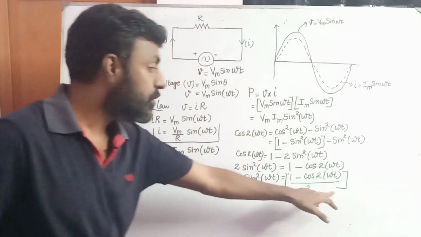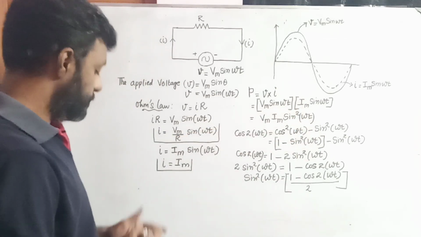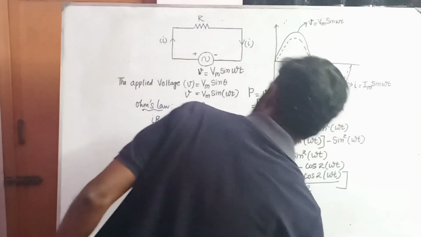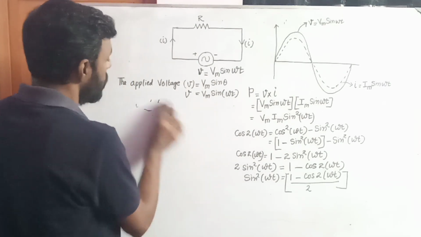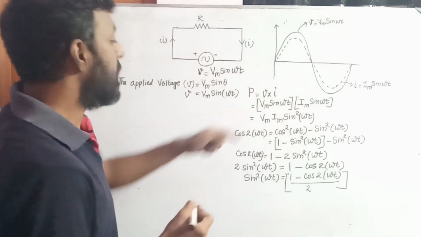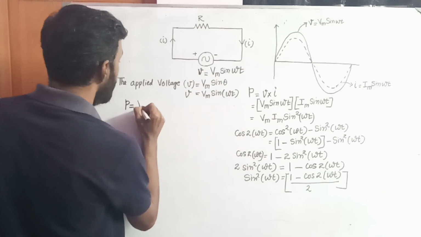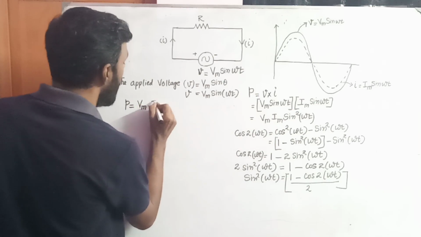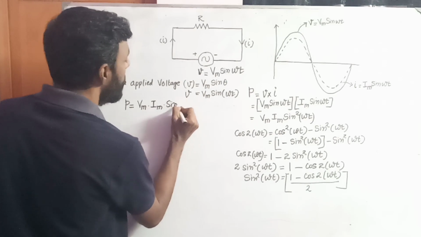So I am going to substitute this value in place of sine squared omega t. Taking the power value here, power is equal to Vm into Im into sine squared omega t.